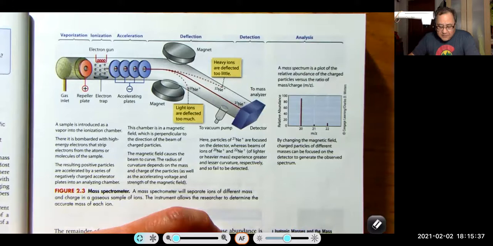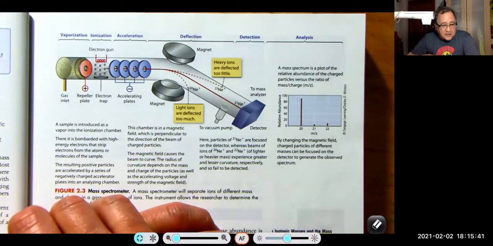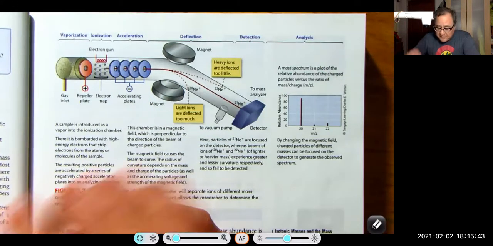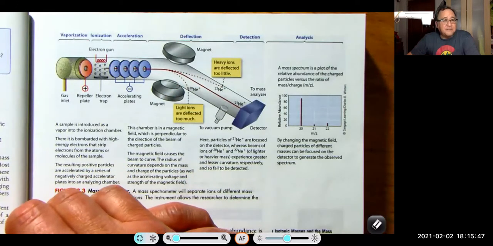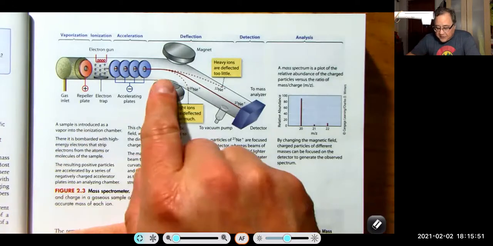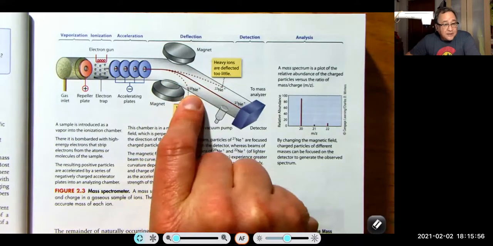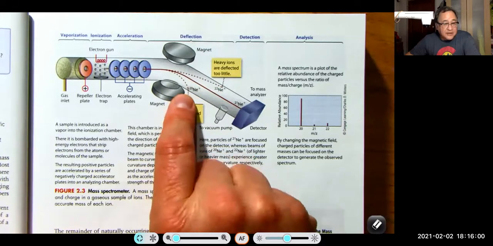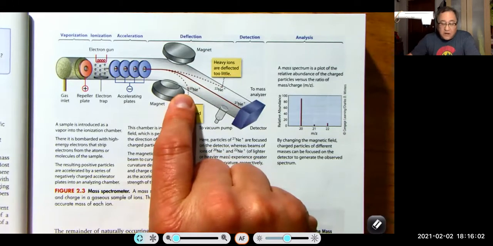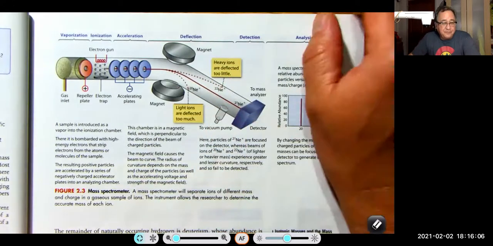So the magnet is used to change the path of the cation. This magnet can be tuned, meaning the amount of magnetism can be changed so that a particular cation, like this number 20, can have its flight path changed so that it hits the wall of the container here, hits the wall of the container up here, or goes straight through to the detector.